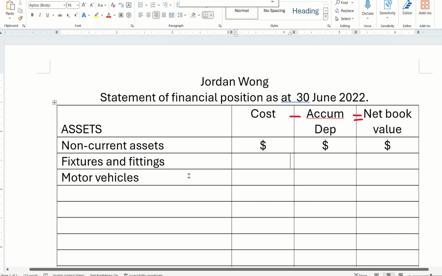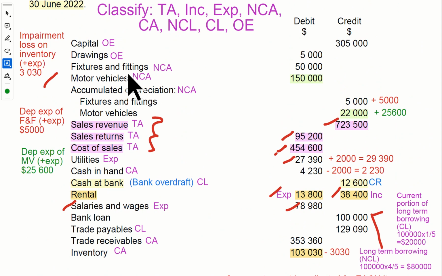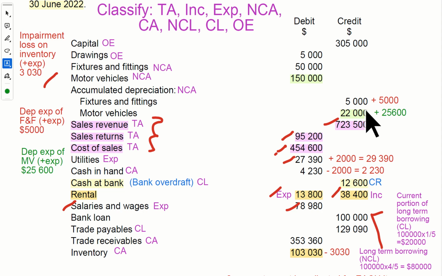So the cost of fixtures and fittings, let's have a look. Where is it? Here we go. Fixtures and fittings, the cost is 50,000. So we have 50,000. What about the accumulated depreciation? The accumulated depreciation is 5,000 plus 5,000.